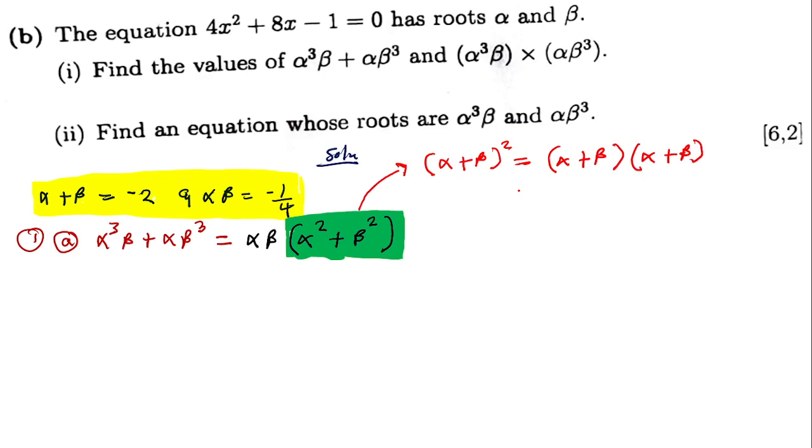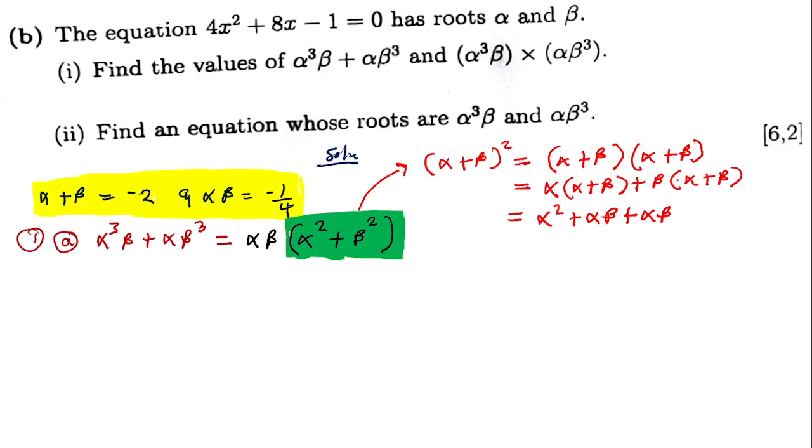Then alpha will multiply everything, so it will be alpha open bracket alpha plus beta close bracket plus beta open bracket alpha plus beta close bracket. Then alpha times alpha is alpha squared, alpha times beta is alpha beta, beta times alpha is alpha beta, beta times beta is beta squared.